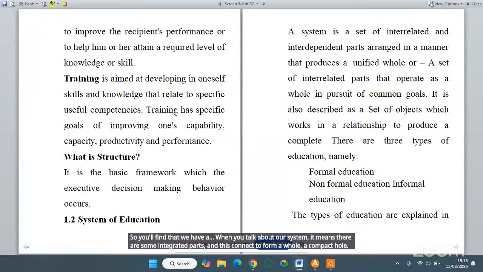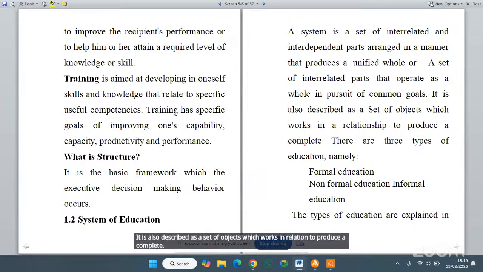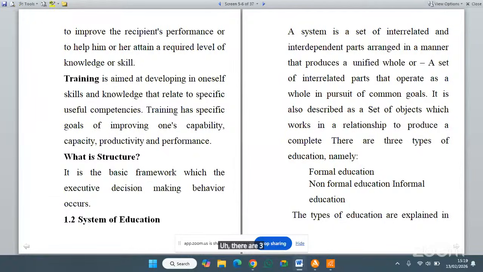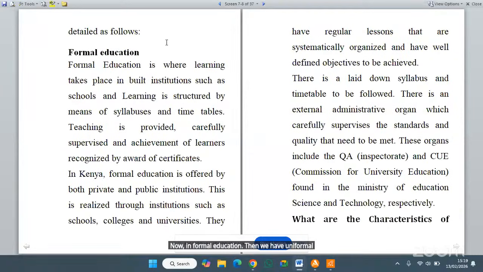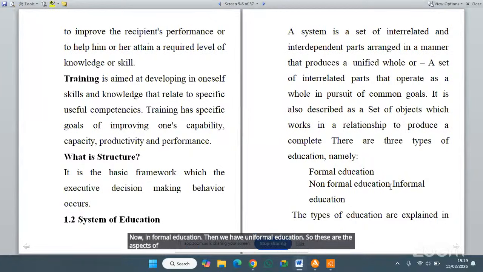It is also described as a set of objects which works in relation to produce a complete whole. There are three types of education, namely formal education, non-formal education, then we have informal education. So these are the aspects of education that form the system of education.